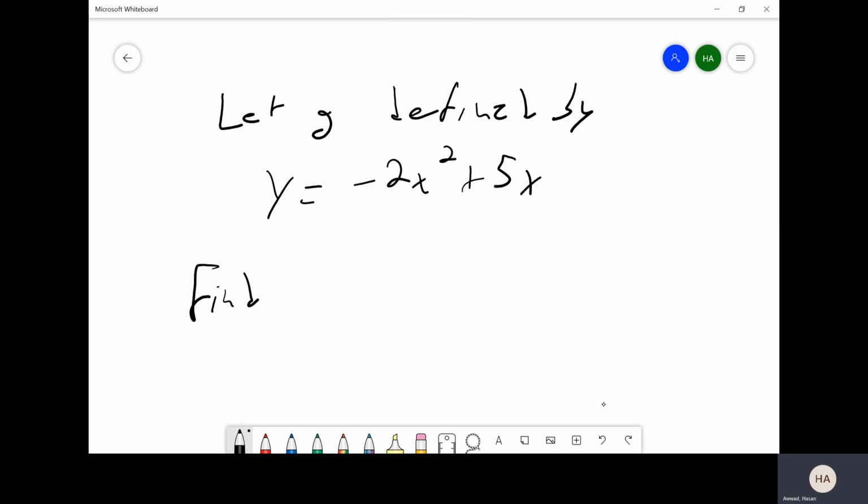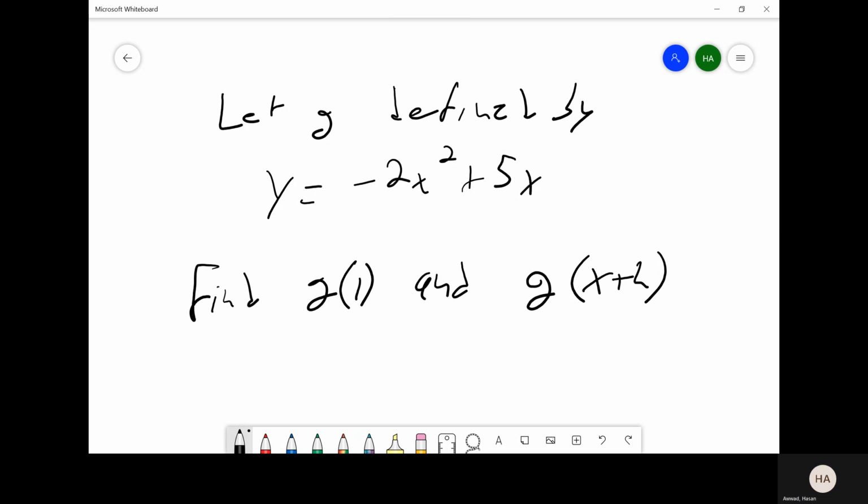I want to find g of 1 and also g of x plus h. Okay? So notice I'm finding two different points, right? When we have a function, we plug our input in. So we have an input here of 1, and we have an input over here of x plus h. Okay, we're going to have two different answers depending on what we're plugging in.